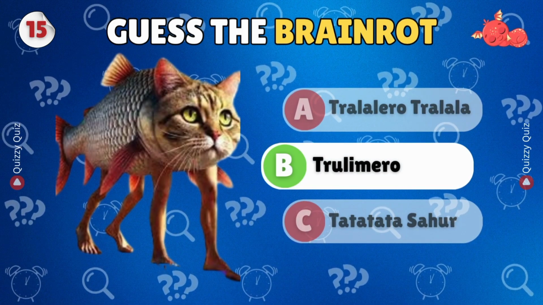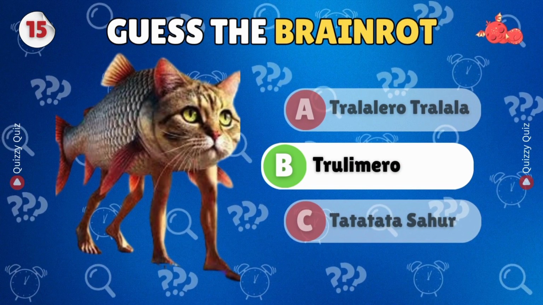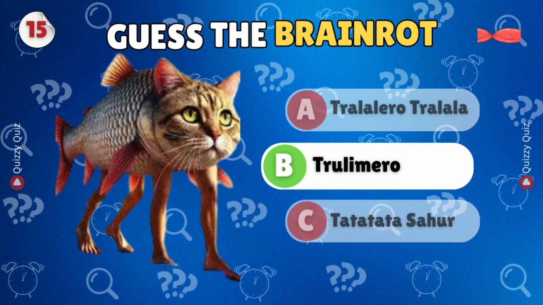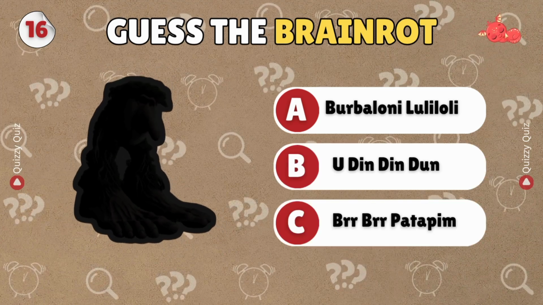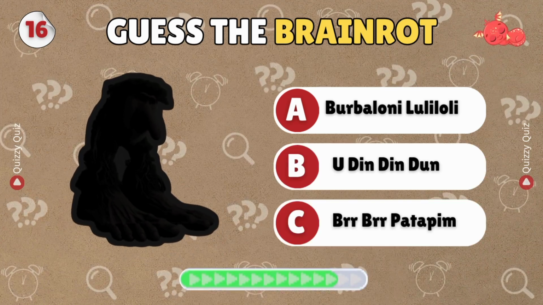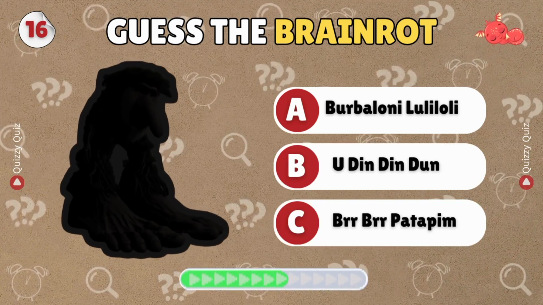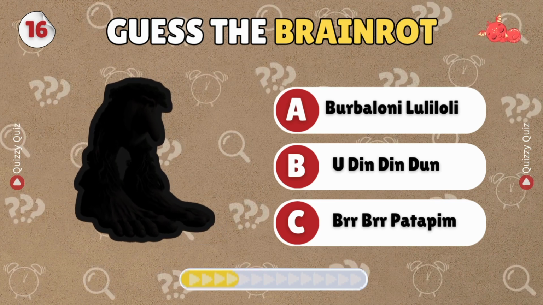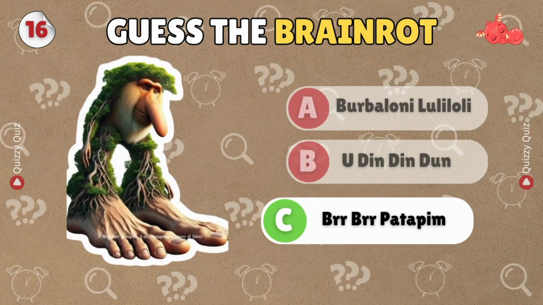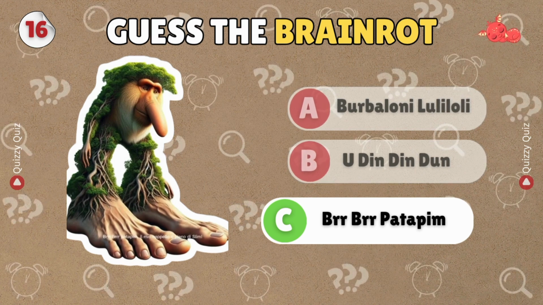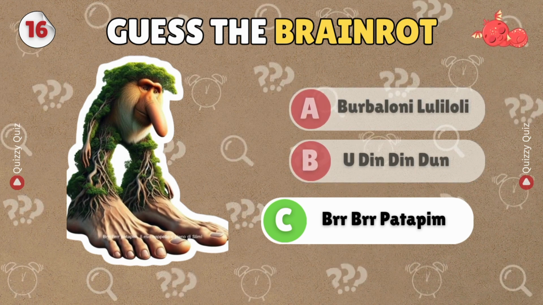It's option B. Trulli Maro, Trulli China. Can you identify this one? Yes, it's option C. Burbur Patapim.